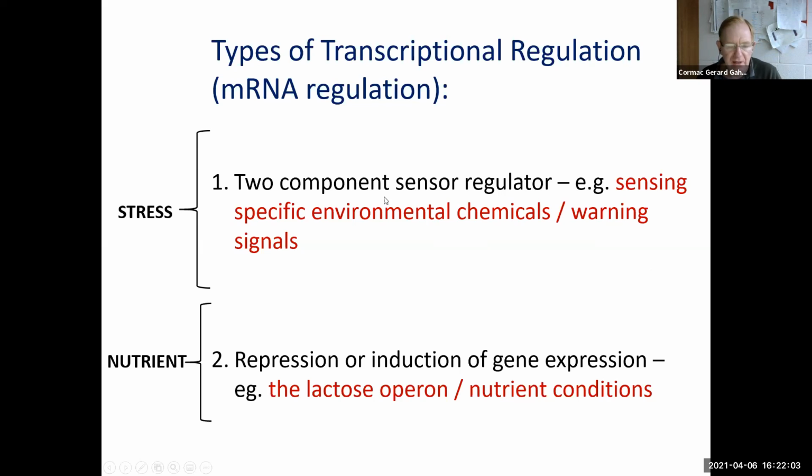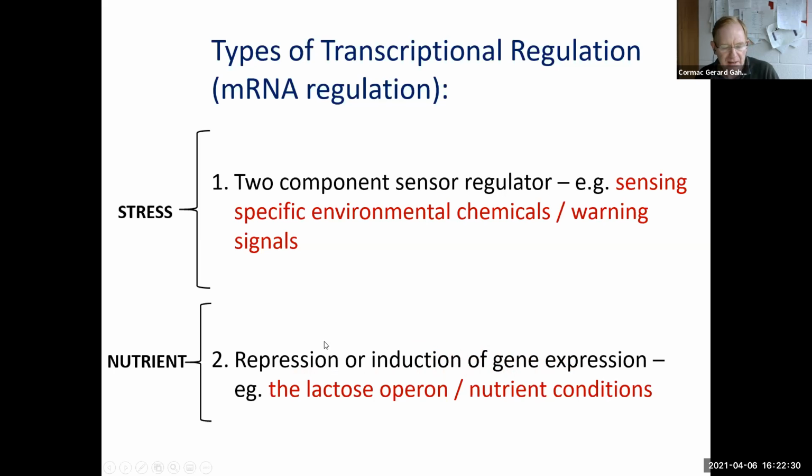One is called a two-component system, or a two-component sensor regulator. An interesting system, which I'm going to start with, and I've just got two slides on this. Then we're going to spend the rest of the lecture talking about repression and induction of gene expression. And we'll get to that when we look at the gene systems.